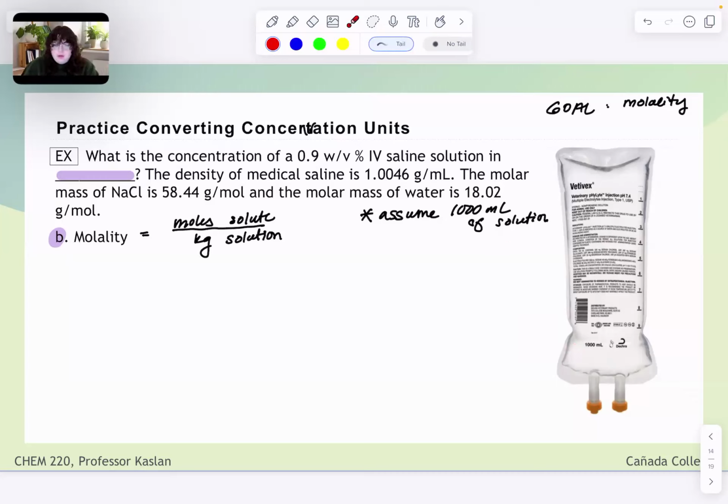If we keep going with that assumption and we think back to our molarity calculations, we will find that we already know our moles of solute.